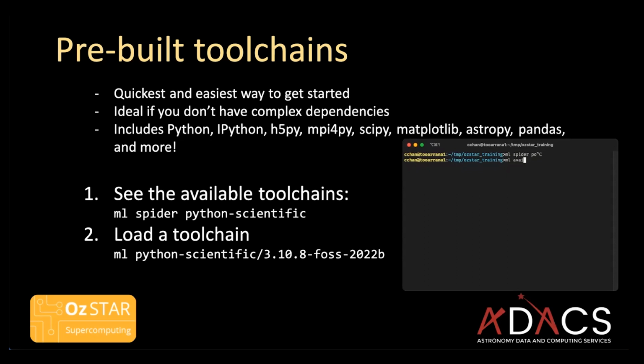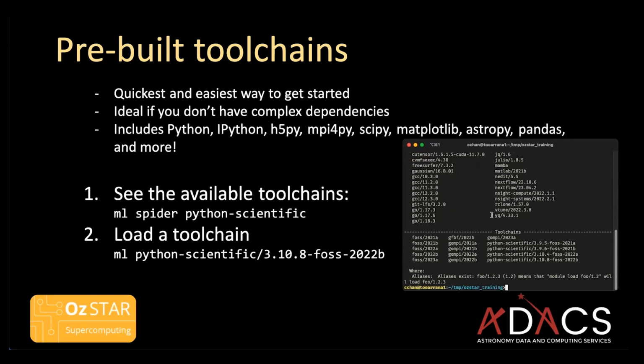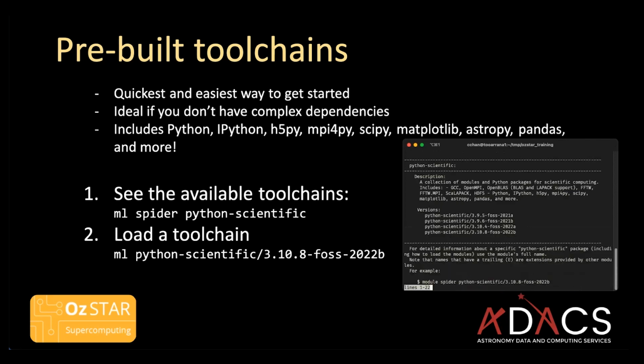Well, first of all, I can go module avail. And we can see that these are the toolchains available. And if you want to see something about the Python scientific toolchains, we can run the spider command. And then there's a little bit of information here about it. So I'm going to load the latest one.